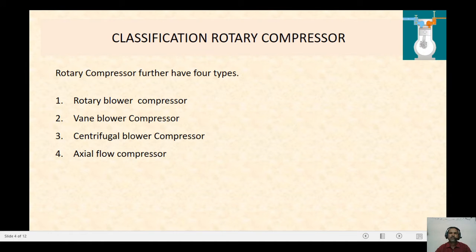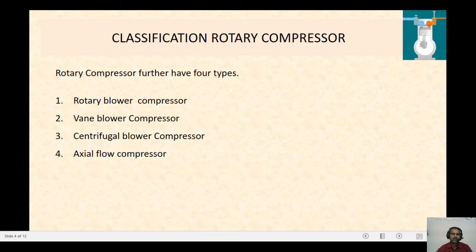So dear students, in the previous class we discussed the classification of the rotary compressor and its application. Why we are using the rotary compressor and how it gets differentiated from the reciprocating air compressor. Generally, the rotary compressor has been classified into 4 categories.